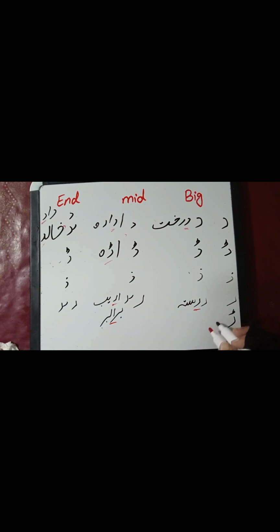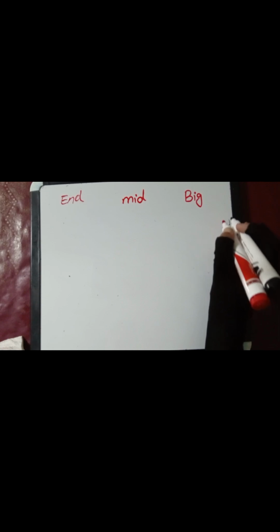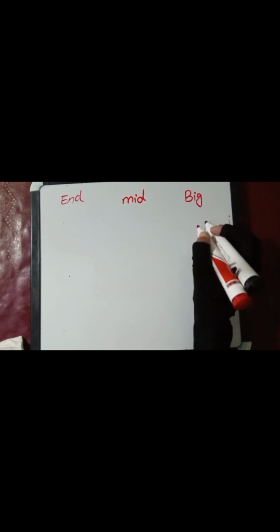Array, it has no beginning position. In the middle it comes the same like Aru, this one, and in the ending it is also the same like R. Z, it always comes the same.